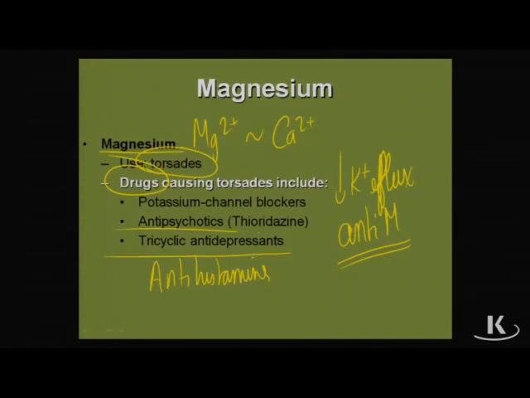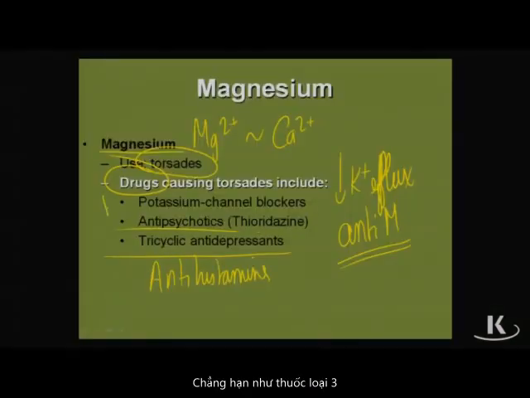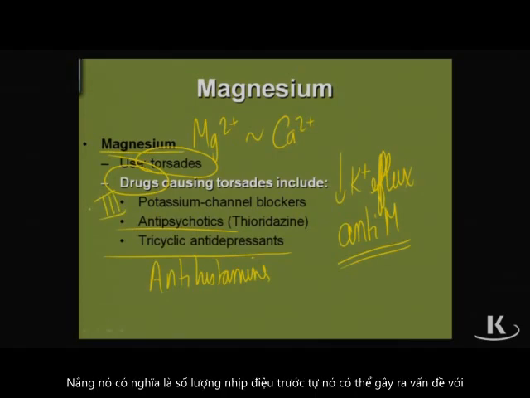Drugs like meperidine, amantadine, and of course quinidine that we saw earlier on, all share the antimuscarinic pharmacology. But other potassium channel blockade would do the same job, such as a class 3 drug like amiodarone. Certainly, it means a number of antiarrhythmics themselves can cause a proarrhythmic effect of torsade.